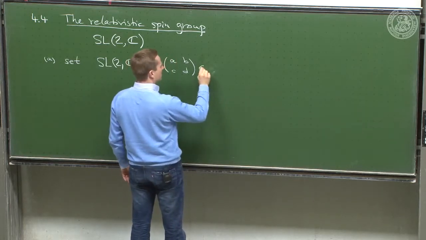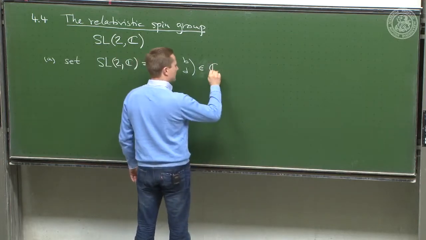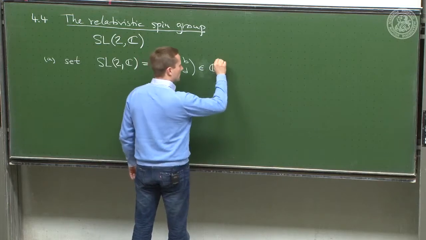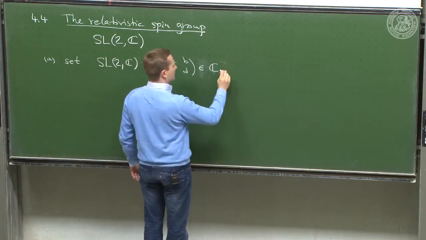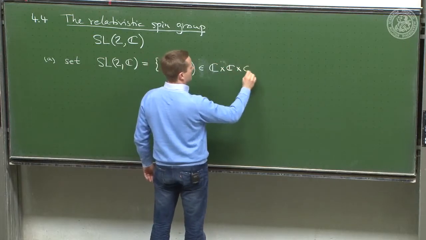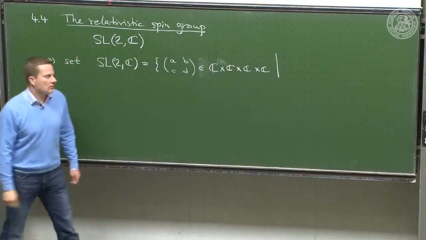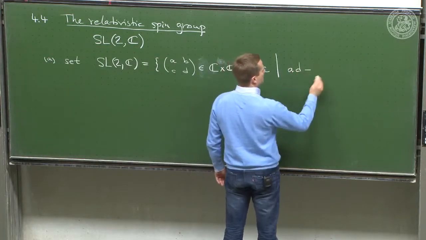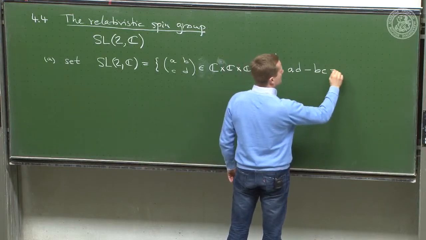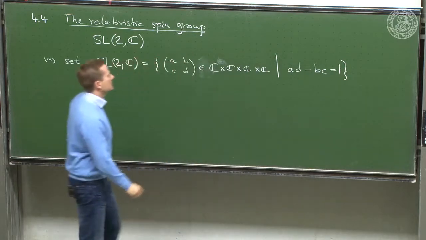If it's a 4-tuple, it's an element of, I take the complex numbers to the 4th, but that obviously means Cartesian product, Cartesian product, Cartesian product. But not all of these 4-tuples. I have a condition. I impose the condition that AD minus BC equals 1. That's my condition.